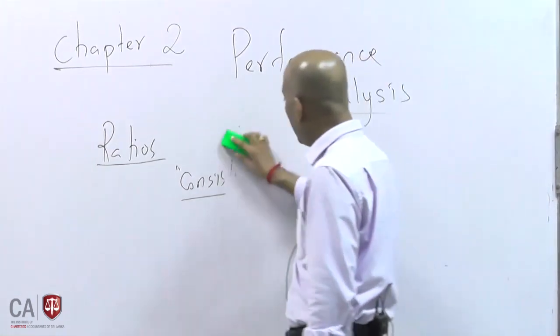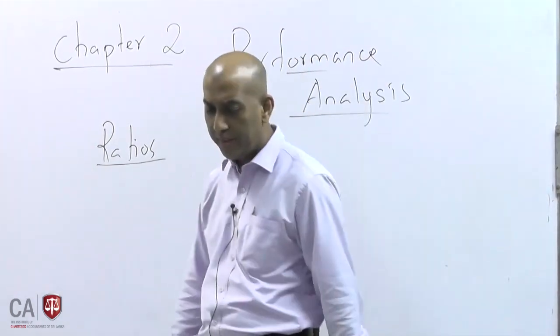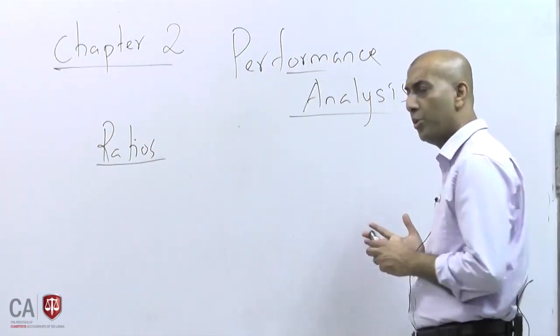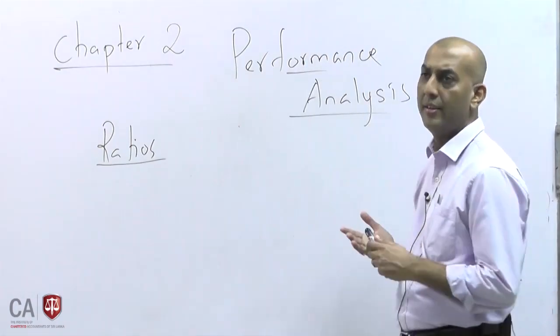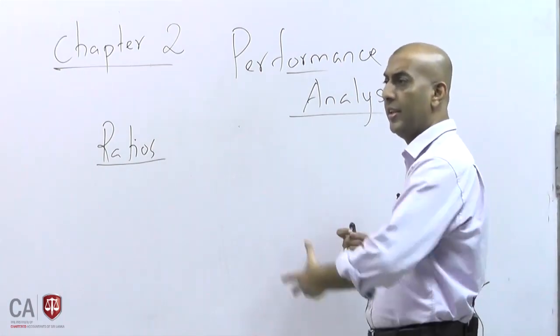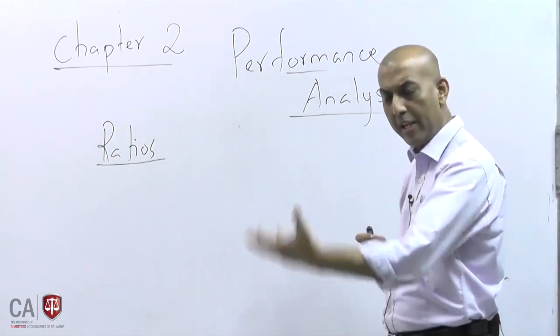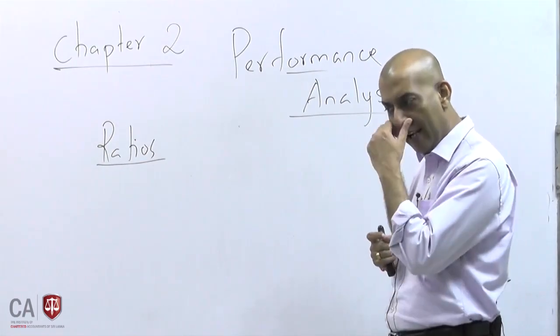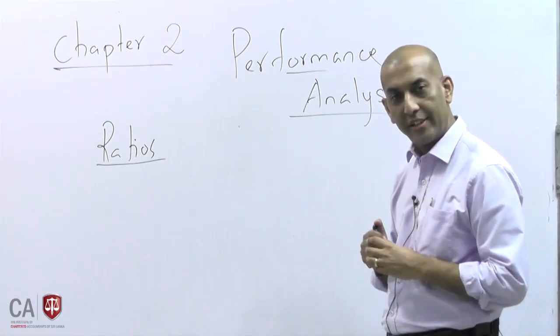Then when we are going to calculate ratios, why are we calculating ratios? It's like a medical doctor who looks at the patient by taking various reports and says how his health condition is.